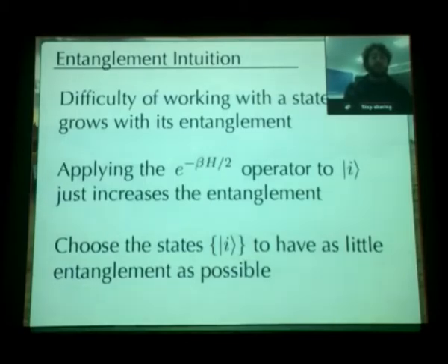The more entanglement, the more states you have to keep, and the larger the matrices you have to work with. So we want to have the least entanglement that we can get away with. If the state already has some entanglement, applying e to the minus beta H over 2 to it only increases the entanglement in general. So we want to choose these states I to have as little entanglement as possible, so that when the entanglement does increase, it will increase to some low value.